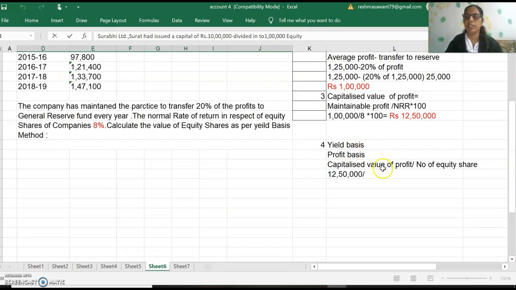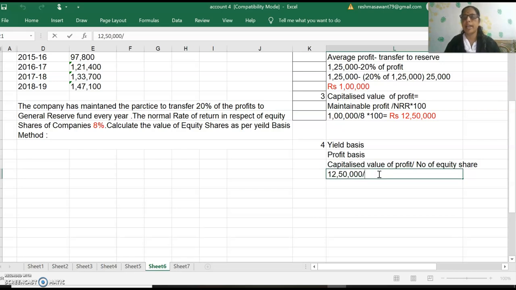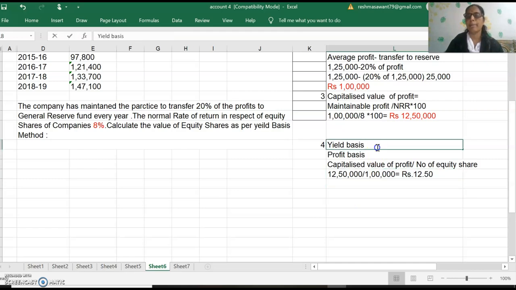Capitalized value of profit, 12,50,000, divided by the number of equity shares gives you the per share value as per the yield basis method, that is 12.50.